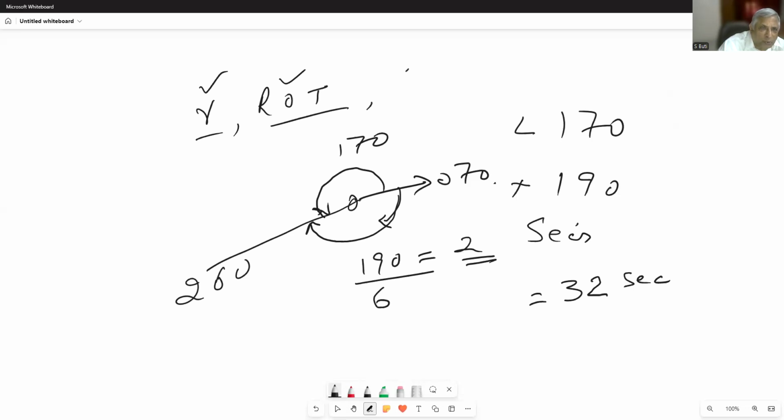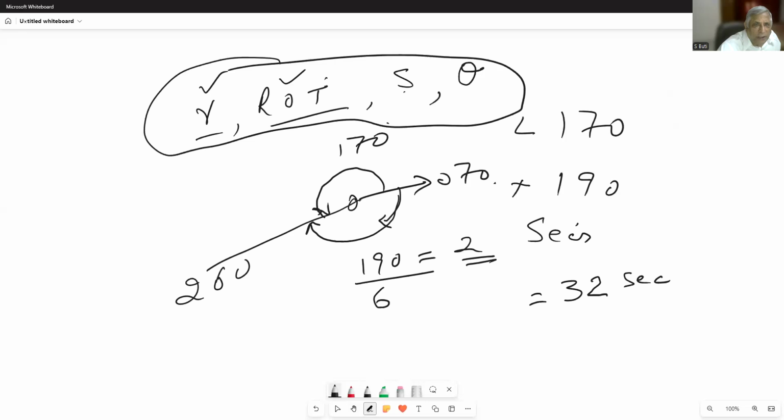Rate of turn, speed, these are variables during a turn. And then there are questions asked. If you want to maintain a rate of turn, what should you do with the speed if your theta bank angle has changed? So those are the type of questions asked in theory.